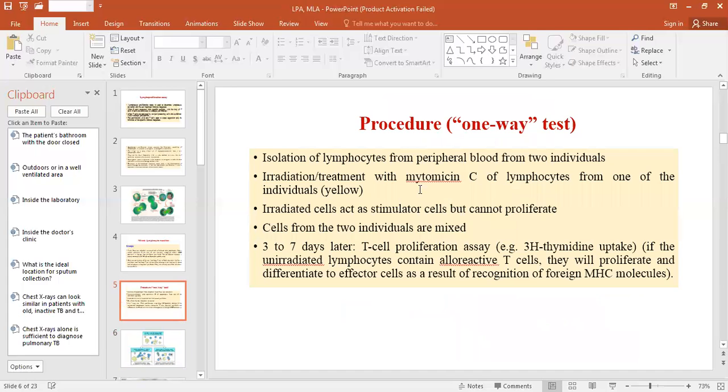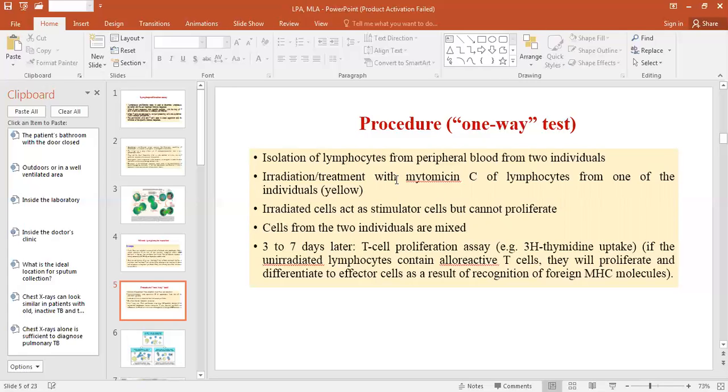So cells from two individuals, one is irradiated, another one is not irradiated. The cells that are irradiated or treated with mitomycin C, those lymphocytes will be stimulated, but they cannot proliferate.